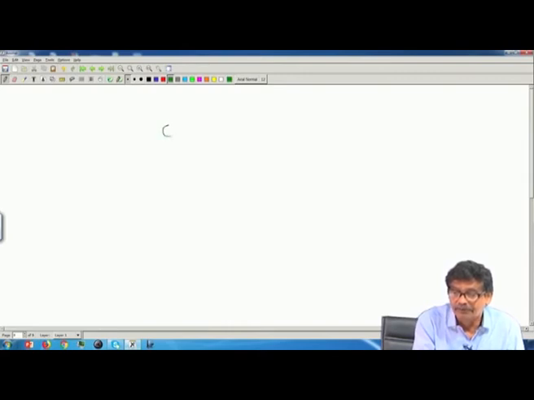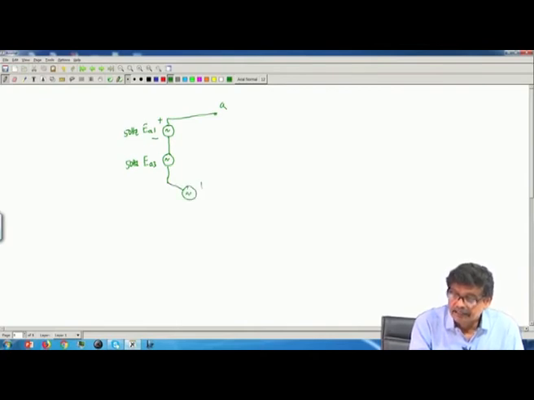I told this is E A 1, 50 hertz, in series with another induced voltage E A 3, A phase third harmonic, 150 hertz. And then this is your A terminal. Similarly, for B phase, E B 3, this is 150 hertz, E B 3 150 hertz.